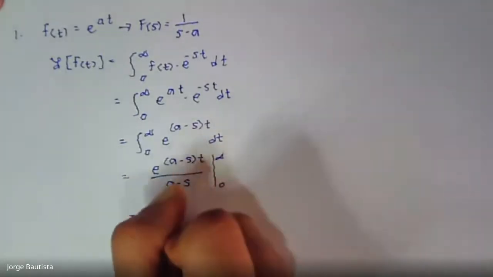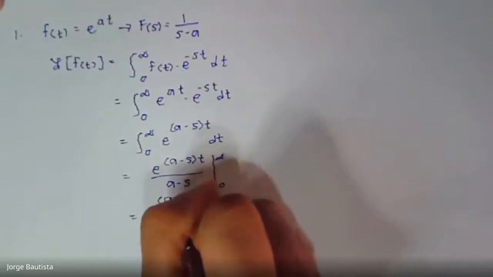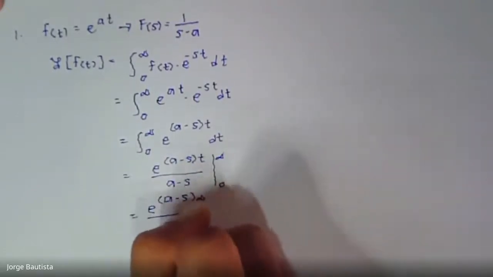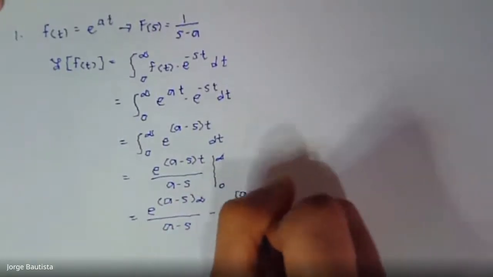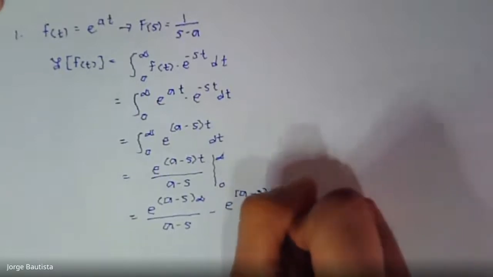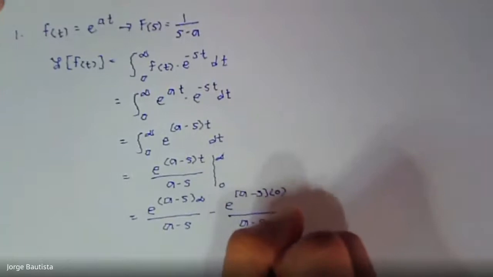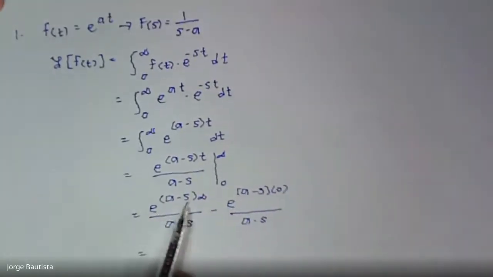So, we have e raised to a minus s multiplied by infinity all over a minus s minus e raised to a minus s multiplied by 0 all over a minus s. E raised to negative infinity, it will give you... So, e raised to infinity rin, sir. Ano?